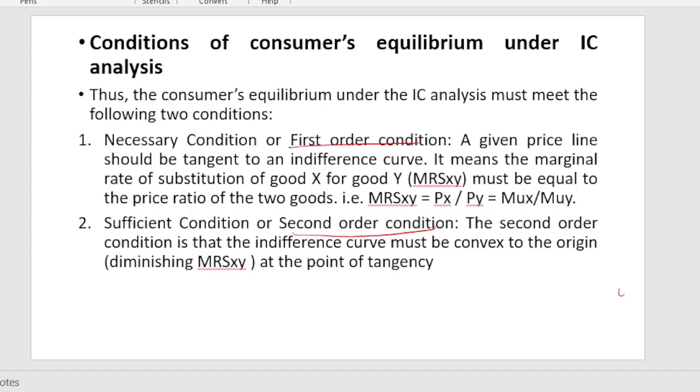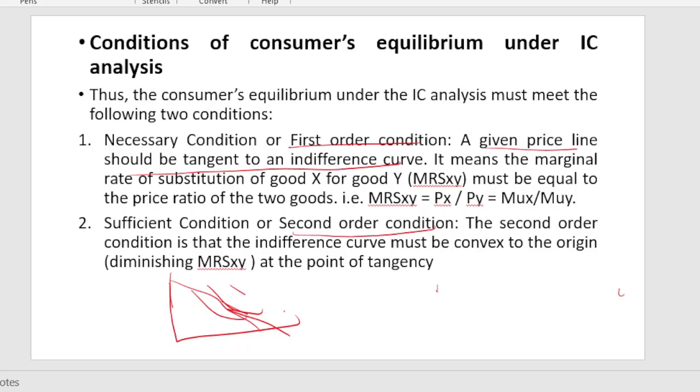The first order condition says that a given price line should be tangent to an indifference curve of the indifference map. It means the marginal rate of substitution of good X for Y must be equal to the price ratio of the two goods.